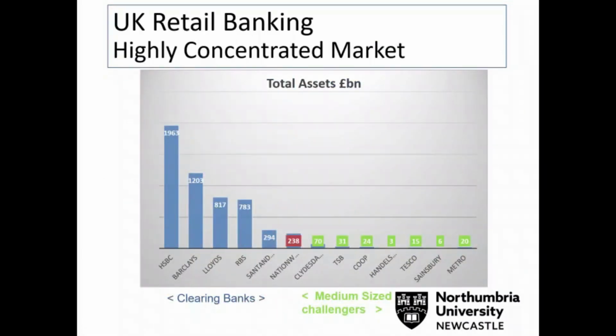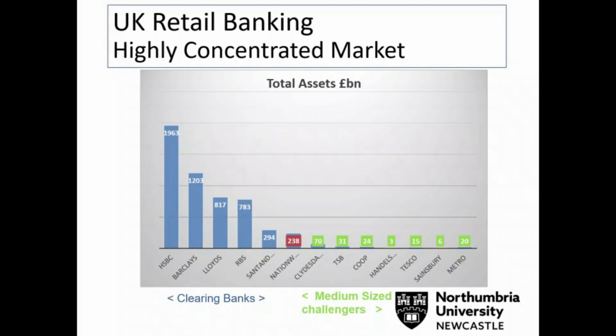If we look at that from a total assets point of view, then you can see the scale of the clearing banks on the left-hand side, with total assets meaning customer deposits, to oversimplify it. Obviously, you've got Nationwide there, which has a bigger asset base than the medium-sized challengers.